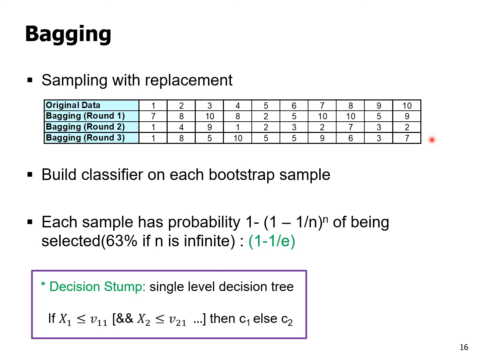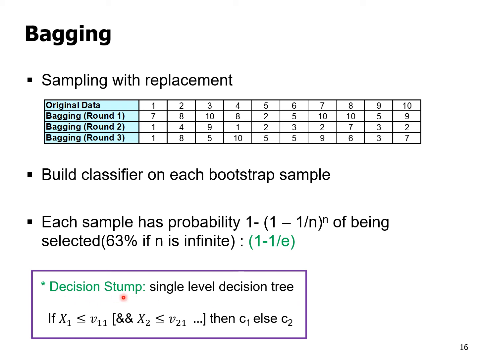All right. Now we have 3 samples, and we're going to build a classifier for each sample. In this example, for the classifier, we're going to use a decision stump. A decision stump is a single-level decision tree, and it is one of the simplest classification methods. For the sake of example, we choose the simplest classification method, called decision stump.